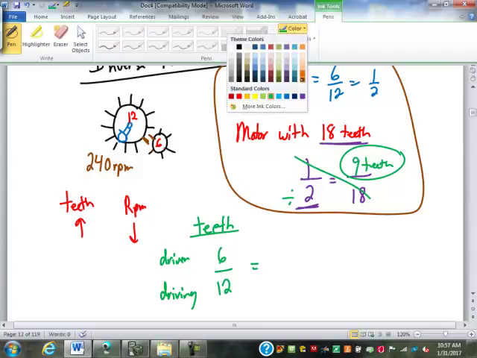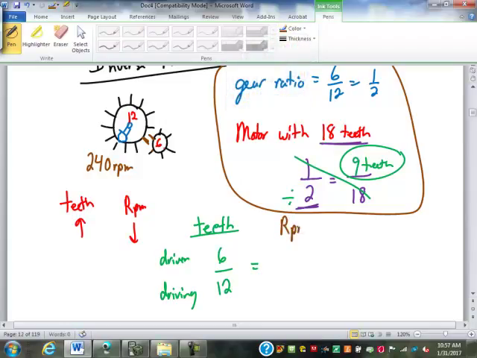But in the other ratio, they do RPM. And since this is inverse, they flip the ratio. The RPM of 240 is the driving gear, but it's going to go on top. Because we invert the second ratio, because it's inverse. So you cross, multiply, and divide.